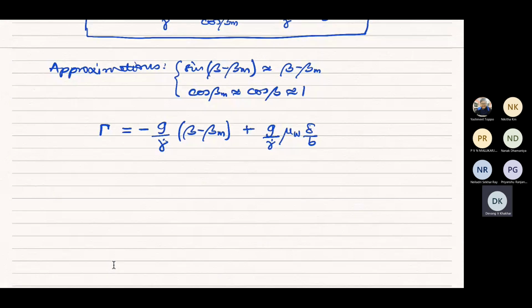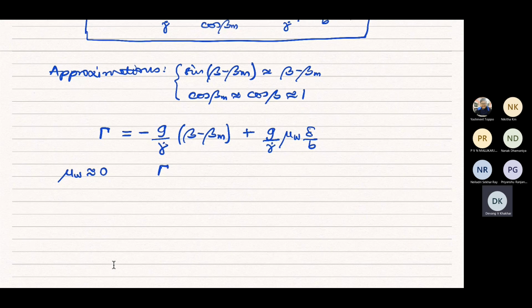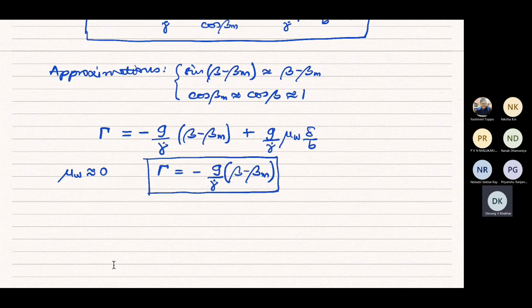And so if we say that further, if mu w is almost equal to 0, so that this term, the frictional resistance, is very small, then we finally get that gamma is equal to minus G by gamma dot into beta minus beta m. And so the deposition rate just reduces to something like the models that I told you about.